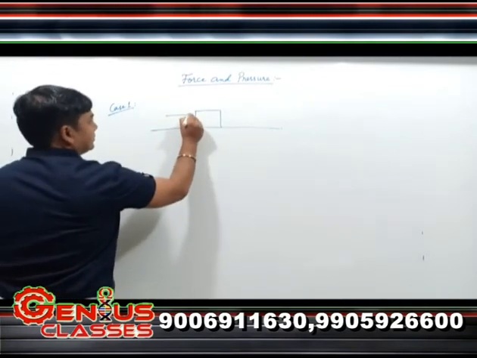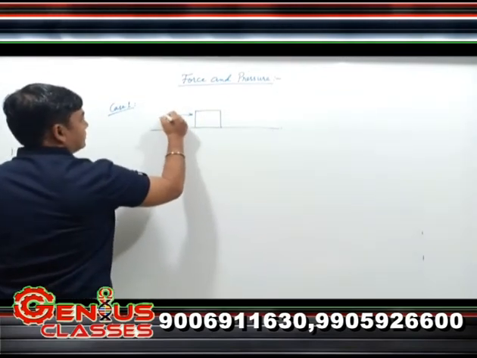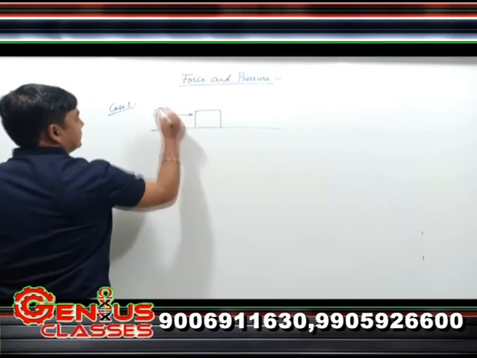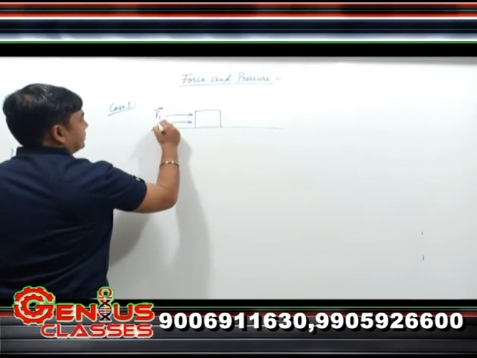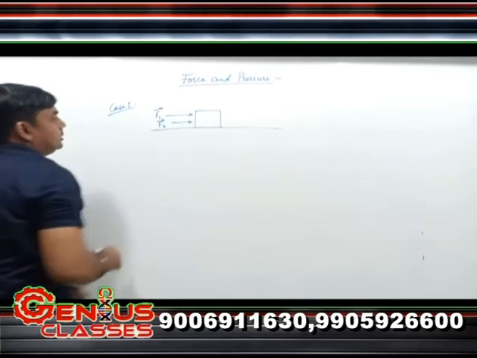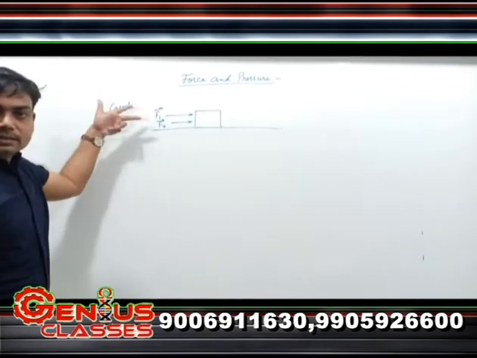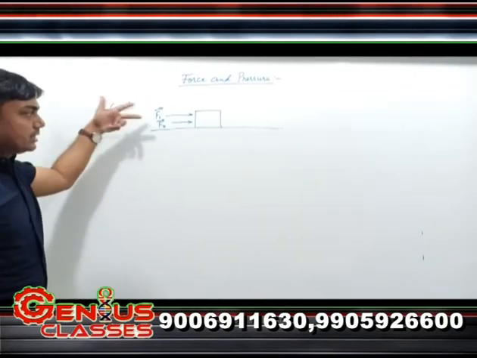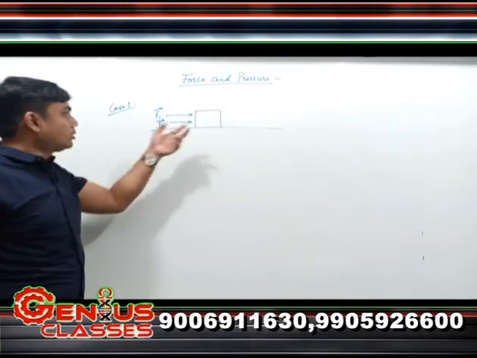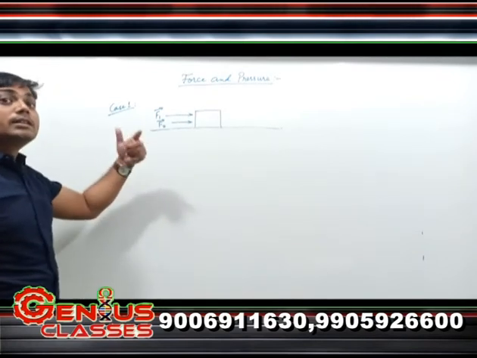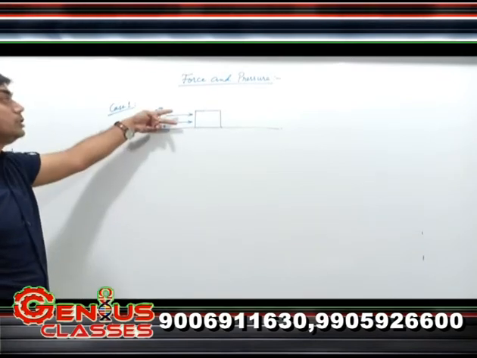Suppose there is one force F1 and another force F2. These two forces are acting in the same direction, towards the right. Then what will be the resultant force? What will be that single force of these two forces?